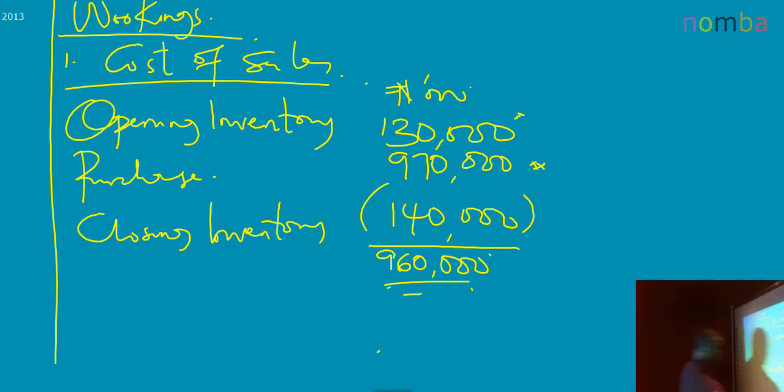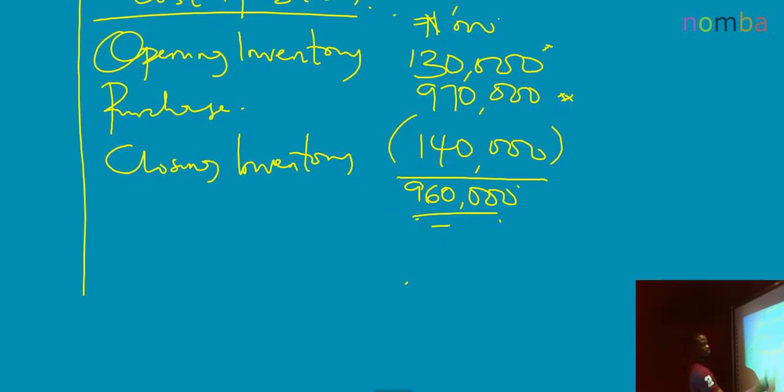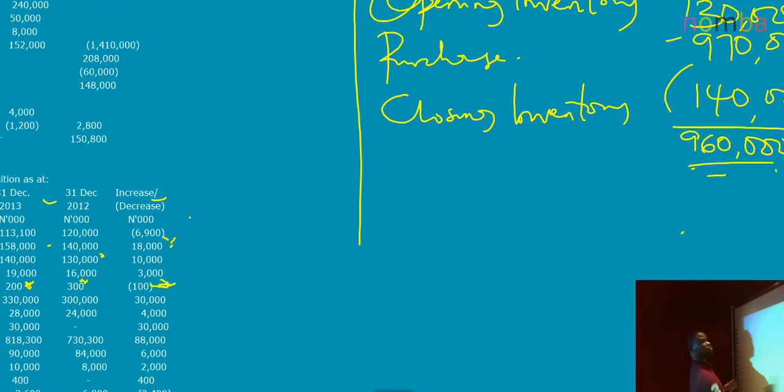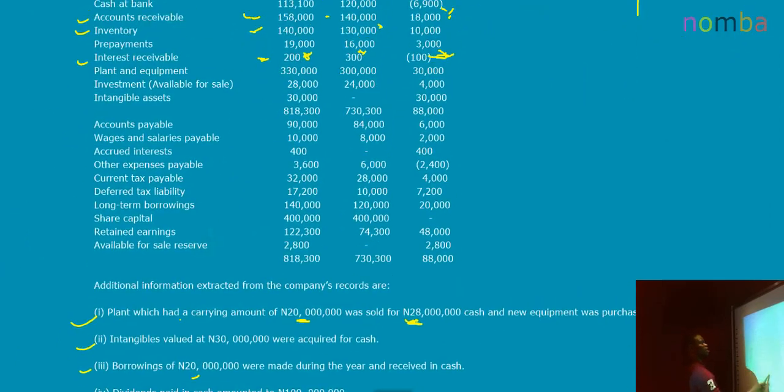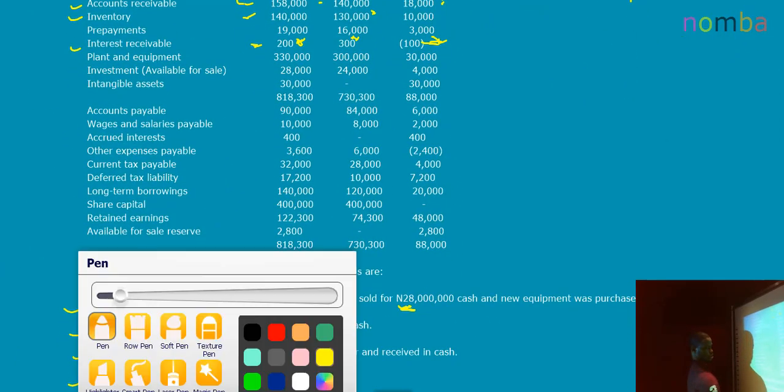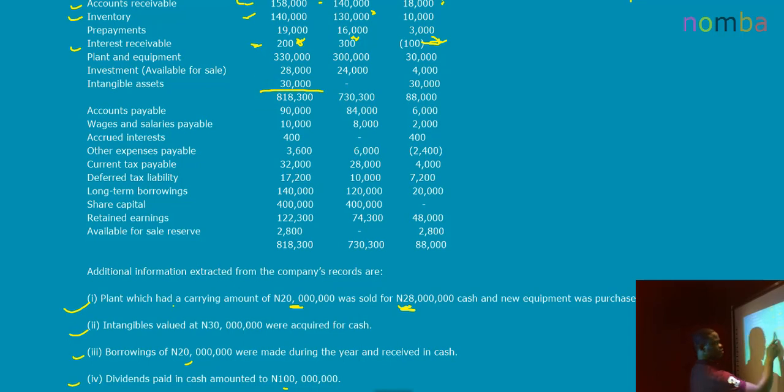Now, these purchases, is it purely cash, or is there a portion of it that is non-cash? To get that, you will go to your statement of financial position and see if you have any trade payables. And as God will have it, we have.